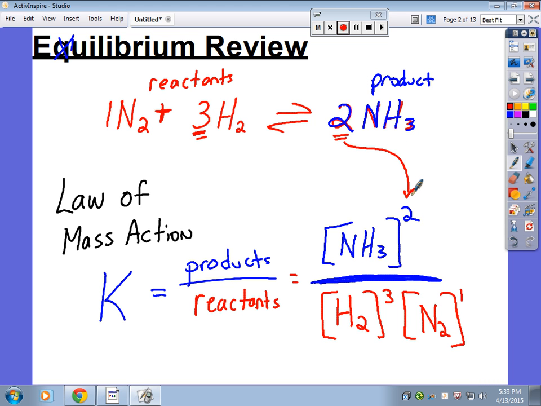What happened next? My double arrows right here became my line in my fraction. And then I moved on to my next component, which is a reactant. And I put my H2 here, didn't I? And that 3 out front becomes my exponent here. My N2 is my next component, my reactant. I do not put a plus sign, do not make that mistake.